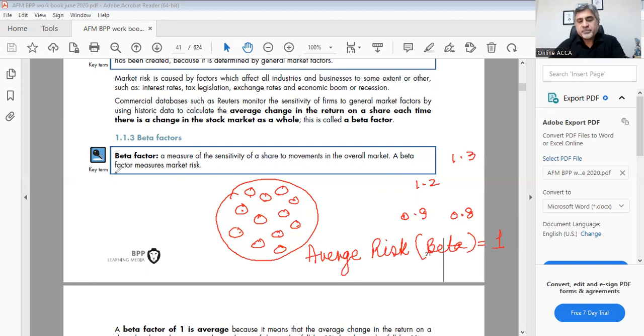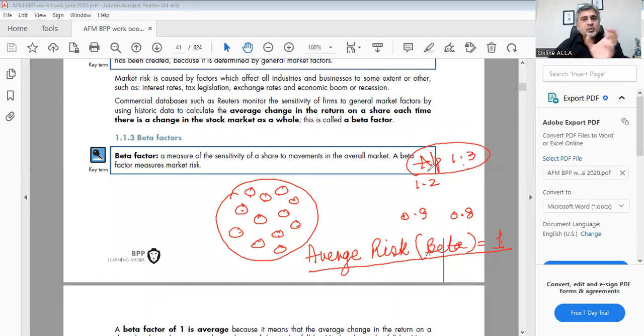See, imagine now what I'm saying here. If I say that the average risk in the market is 1, and there is a business called Alpha company that has a beta value of 1.3, market is 1.